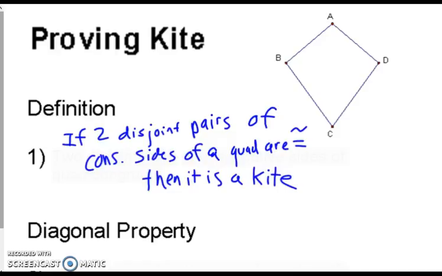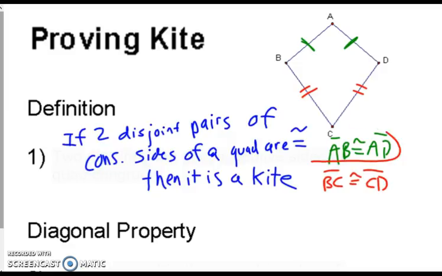Remember that the idea behind showing disjoint sides are congruent is that the sides are next to each other. So for instance, in this one, if you showed AB is congruent to AD, and you combine that with somehow in your proof showing that BC was congruent to CD, then these two statements, if we're doing a flowchart proof, would come together and you could conclude that ADCB is a kite.